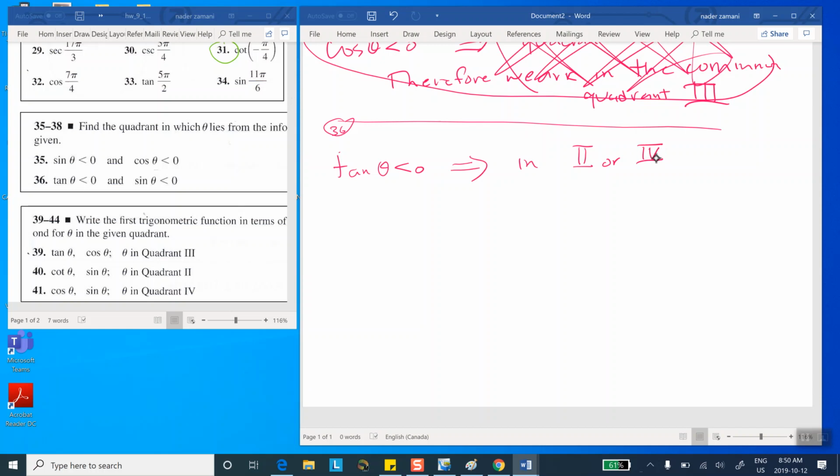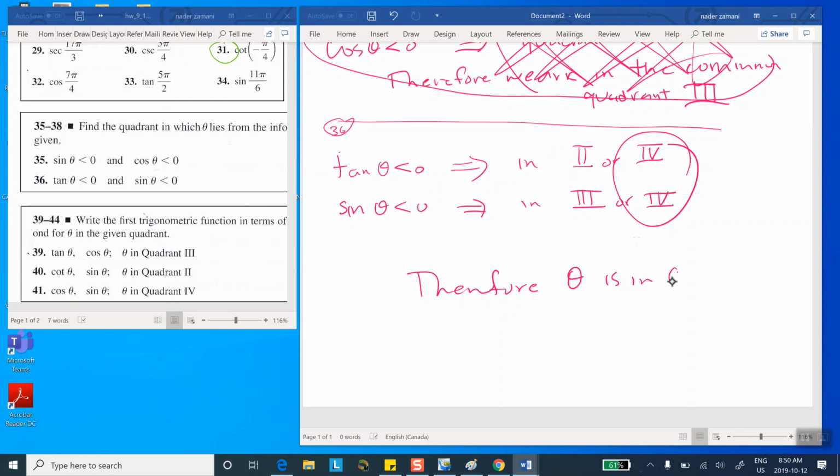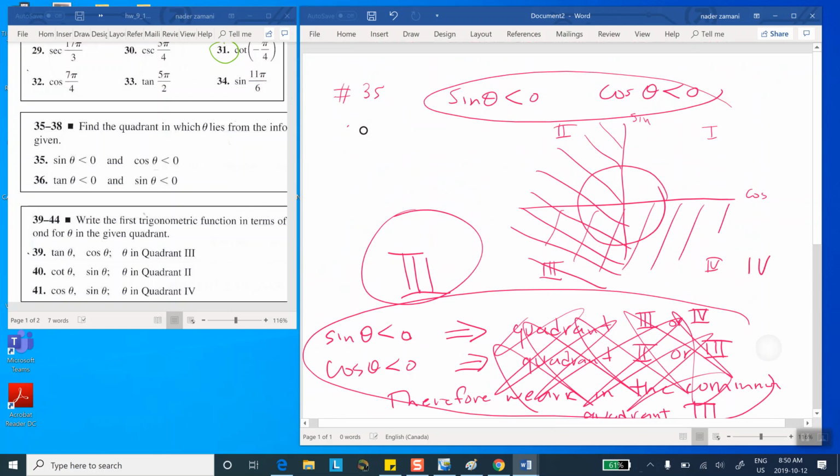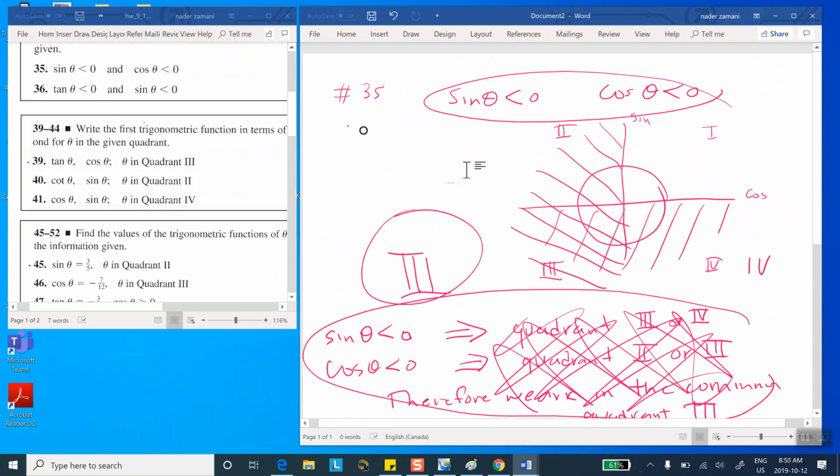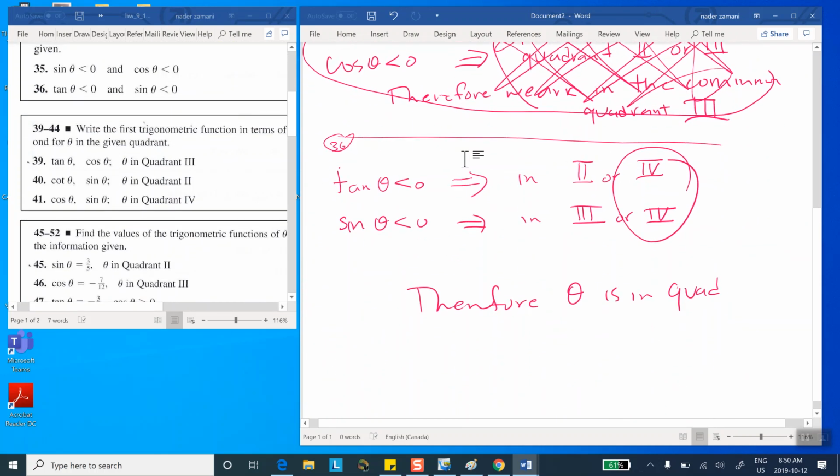Okay, this is acceptable. And sine of theta negative. We just discussed this up there. We are in quadrant 3 or 4. There's a common. Therefore, theta is in quadrant 4.